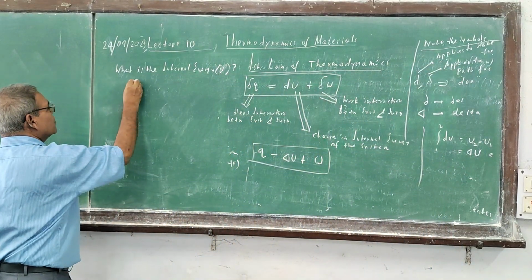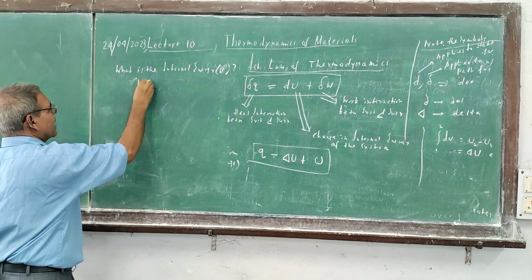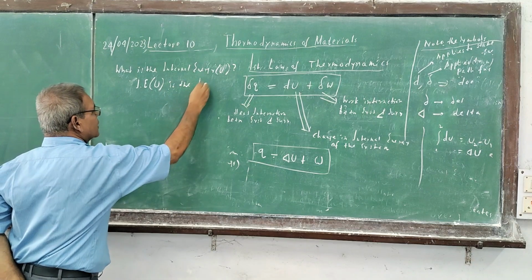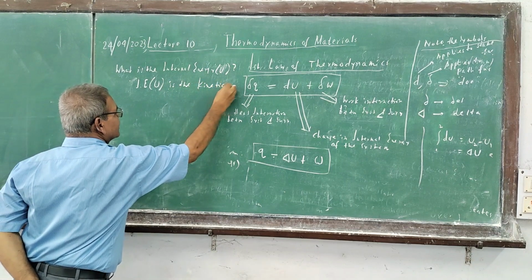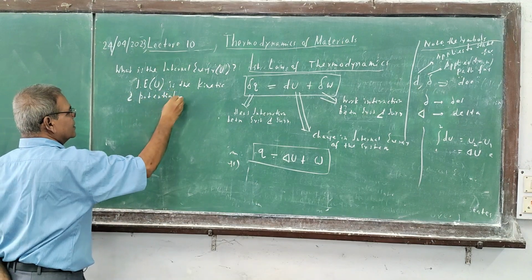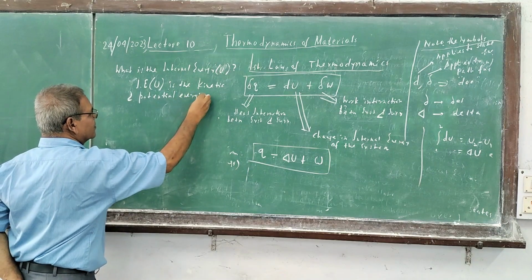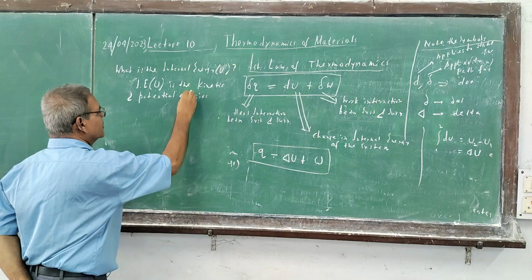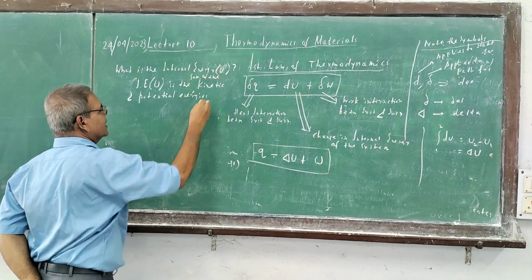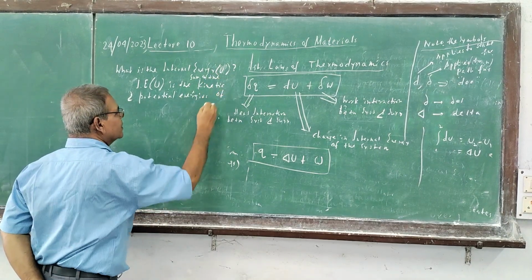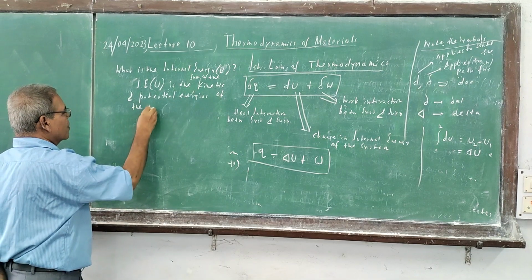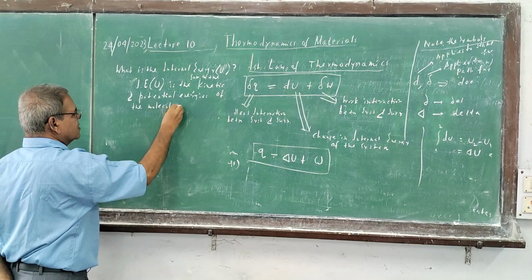So what is this? Internal energy, U, is the sum of the kinetic and potential energies of a molecule, of the molecules, or atoms.